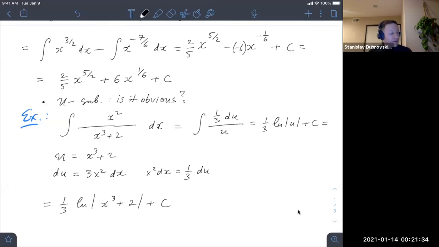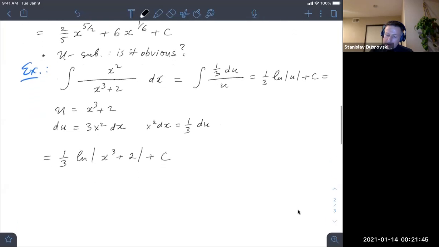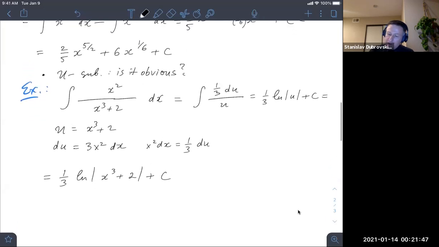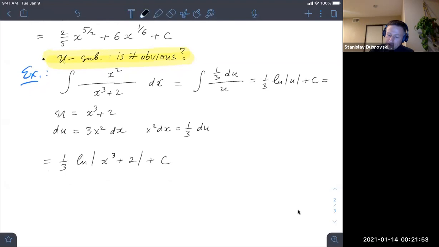Next technique. What else can we do? Now, if the obvious u substitution doesn't work, we can try and classify what we see under the integral. What kind of function is it?